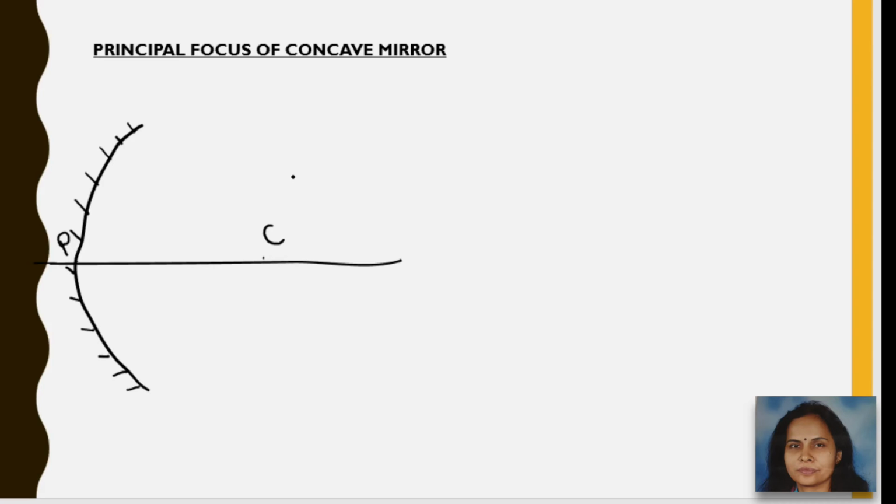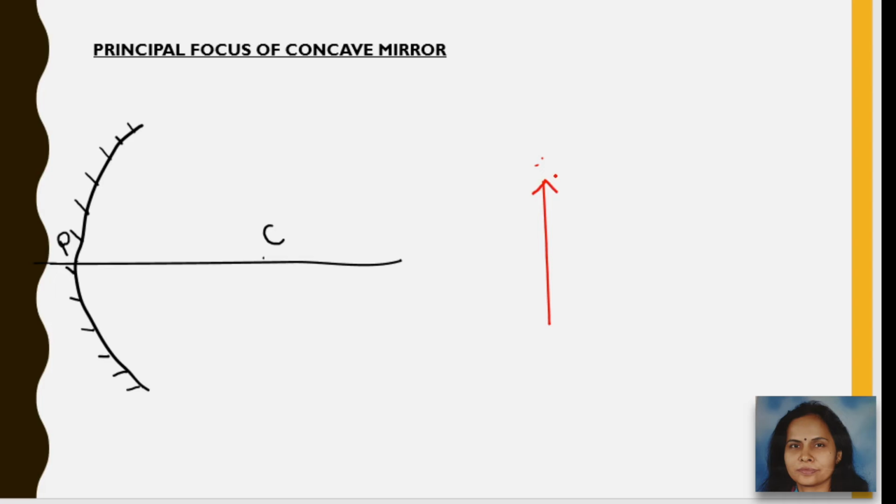Now, in order to find out where the principal focus of a concave mirror is, we need to take an object which is placed at infinity. So I am placing one object which is at infinity here. Now this is the object which is placed at infinity.